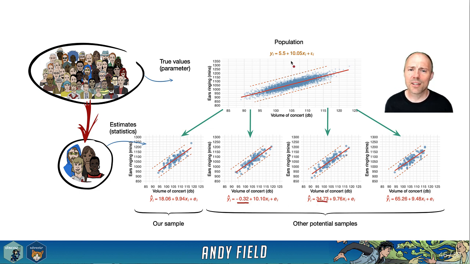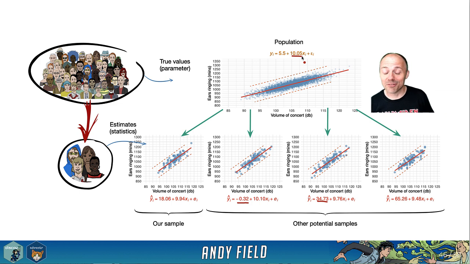And the beta for the volume of the concert and ears ringing is about 10 in the population, which of course we don't know and we have no way of knowing. It's like a mythical unicorn value. It's probably not as pretty as a unicorn, but we have no access to it.